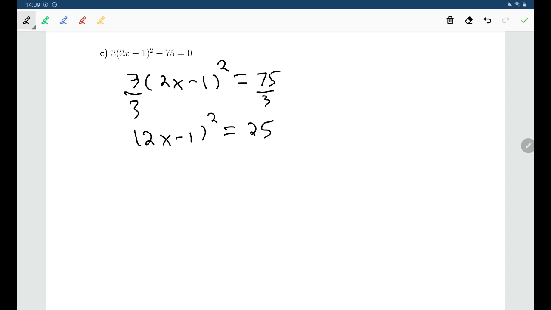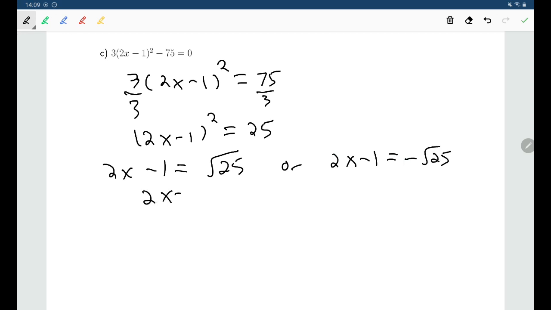So now I've got something where a perfect square equals 25. So that means that what's inside that bracket, the 2x minus 1, is either going to be equal to the positive root of 25 or it's going to be equal to the negative root of 25. Or in other words, 2x minus 1 is either equal to positive 5 or it's equal to negative 5.